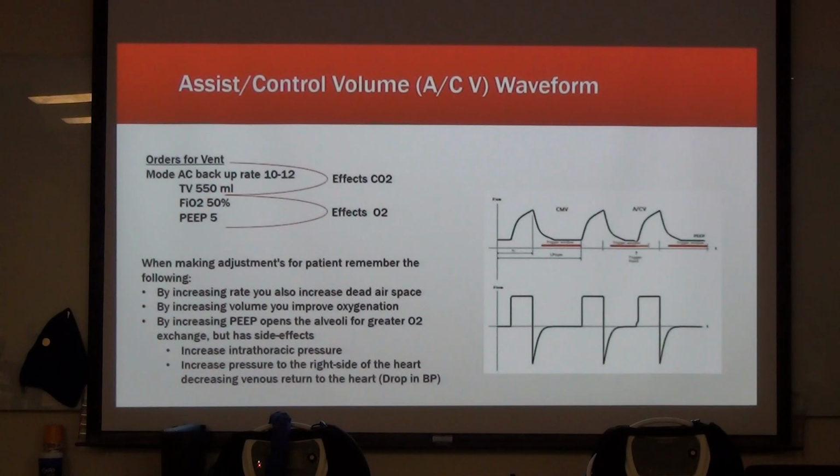Here's the deal, this is normal for adult, but all of a sudden they've got it set like at 26, and their end tidal that you're actually seeing might be like 30.